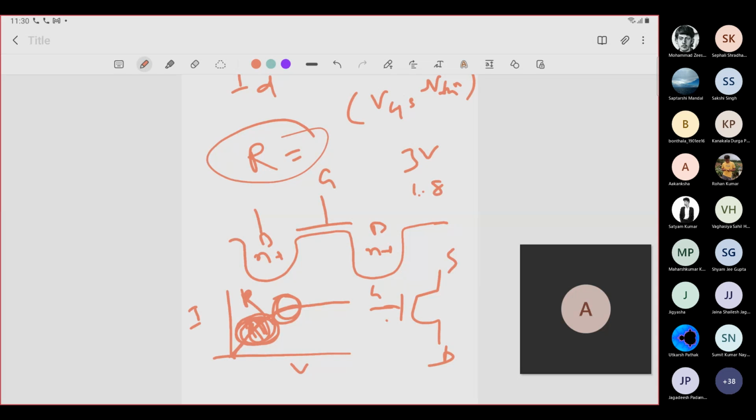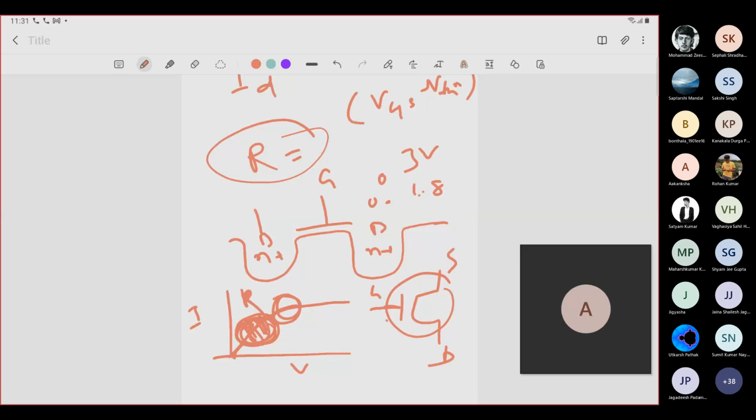At a particular voltage your digital circuit will work, but to operate your transistor in the linear region, you have to give a particular voltage level within 0 to 3 volt or 0 to 1.8 volt, depending upon what you require. So you need another voltage source connected to the gate, so that this transistor operates in the linear region and you get a non-sensitive resistor.